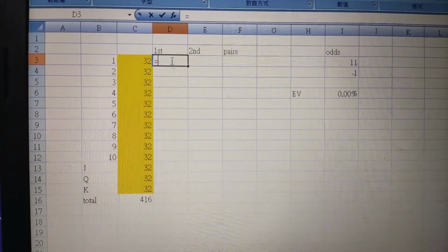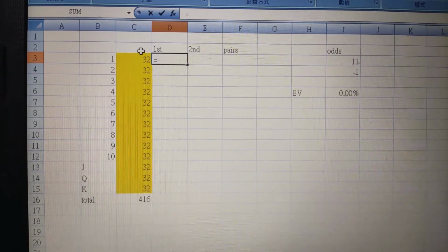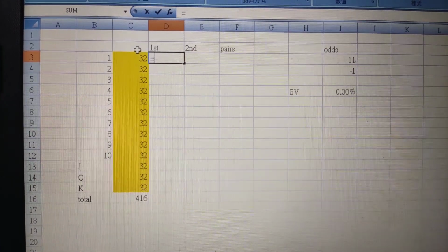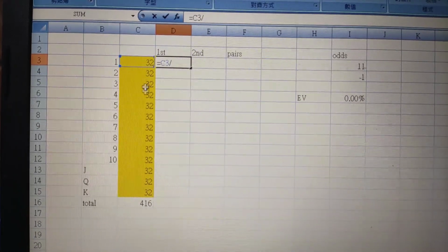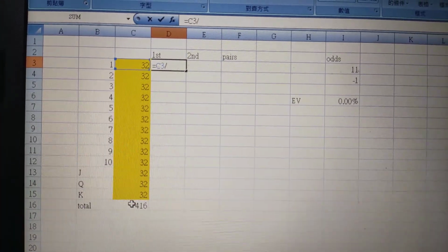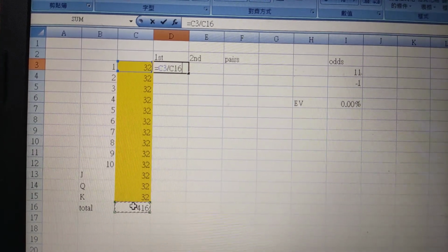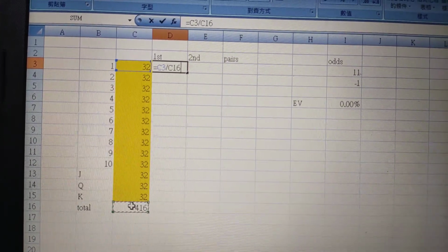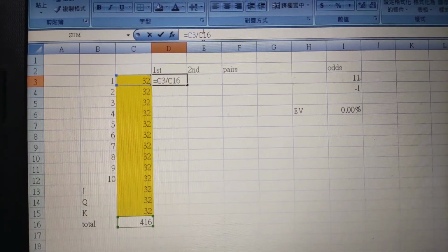We use the first card if we want to calculate the pair of aces. The first card we get is an ace, the probability is 32 to 416. We use the dollar signs here.